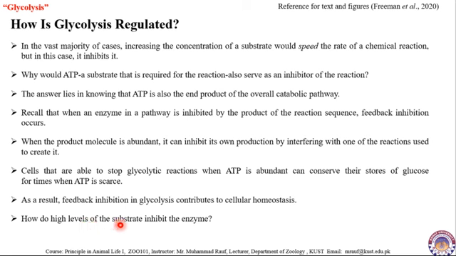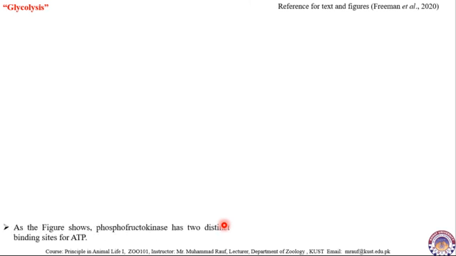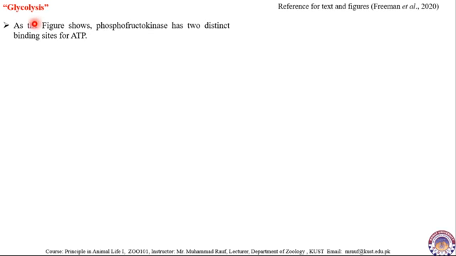How do high levels of the substrate inhibit the enzyme? Now, how does ATP act as a regulator on the third step? As the figure shows, phosphofructokinase has two distinct binding sites for ATP.